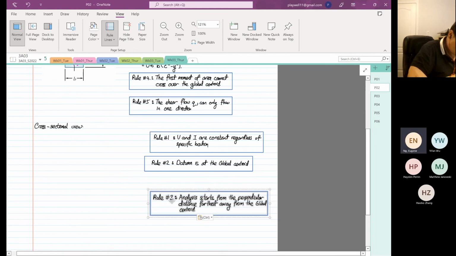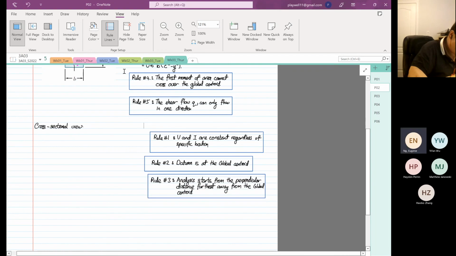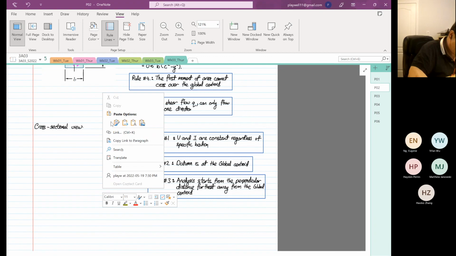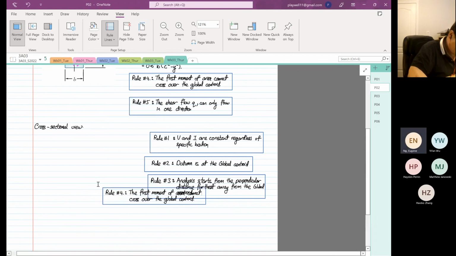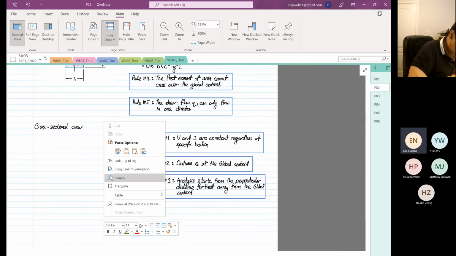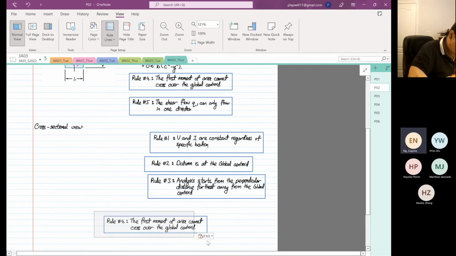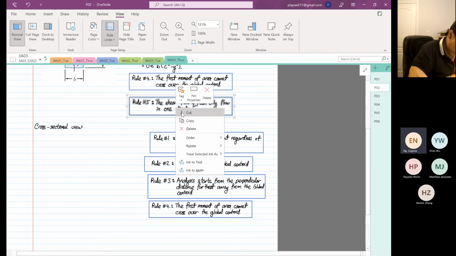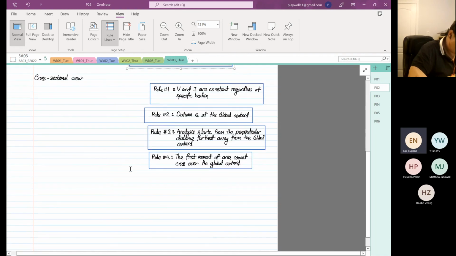And then we have rule 4: the first moment of area cannot cross the global centroid. And finally, Q can only flow in one direction. This one we will apply later. The first 4 are more critical for now.